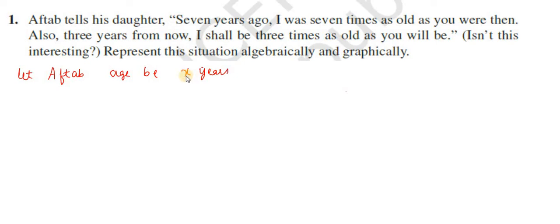Next, his daughter's age: let the daughter's age be y years. So Aftab's age is x years and the daughter's age is y years. Now go for the flashback.